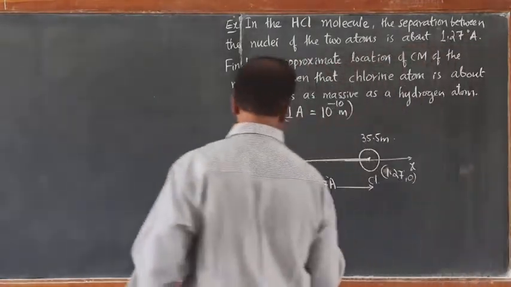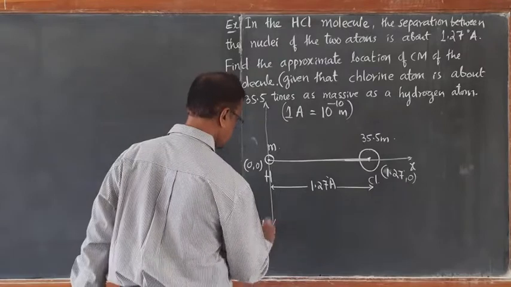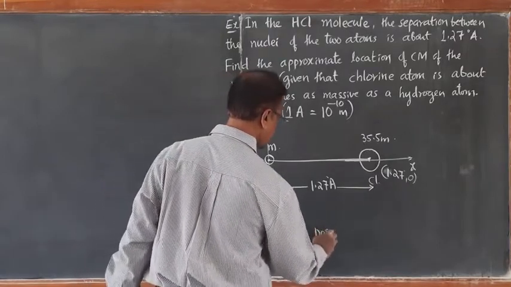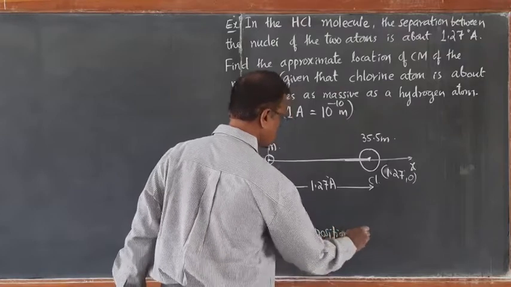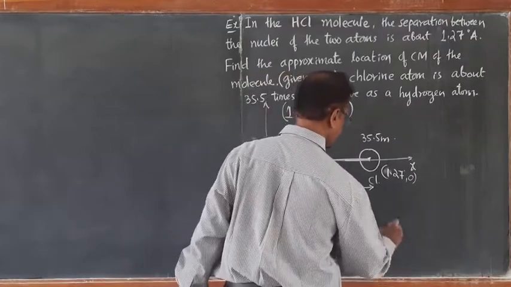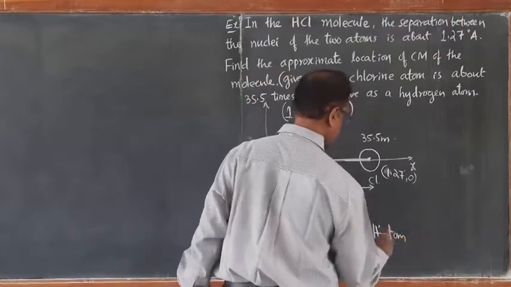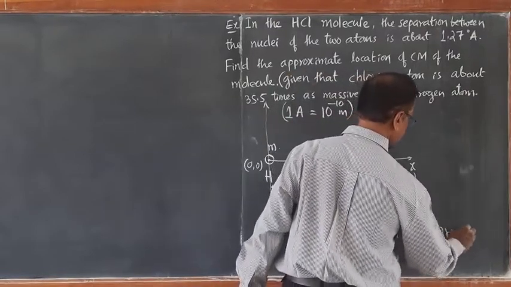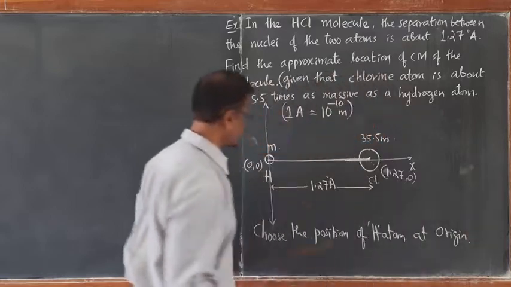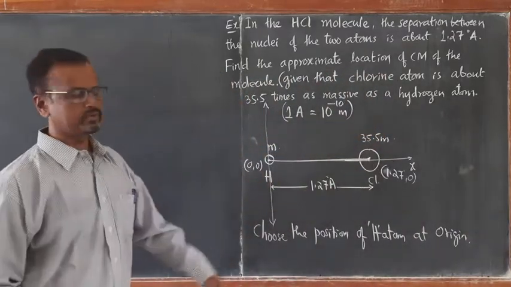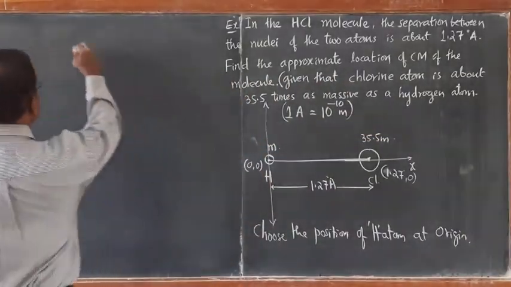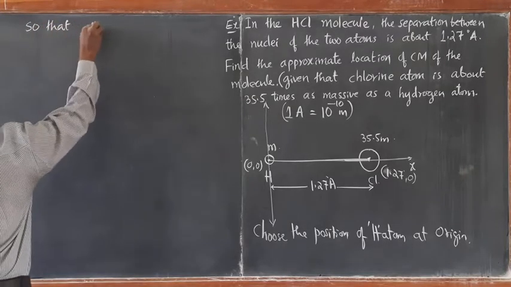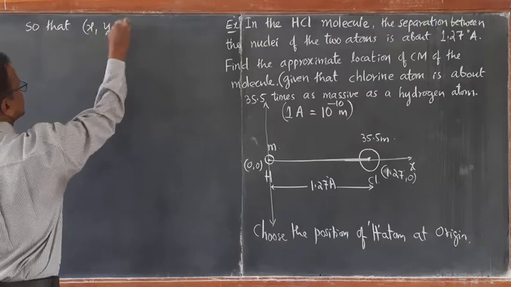So choose the position of the H atom at the origin, so that its coordinates x1, y1 become 0.